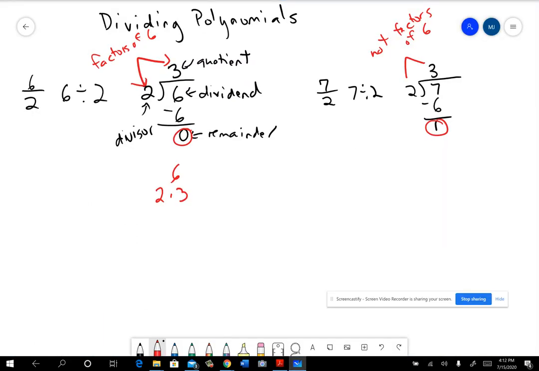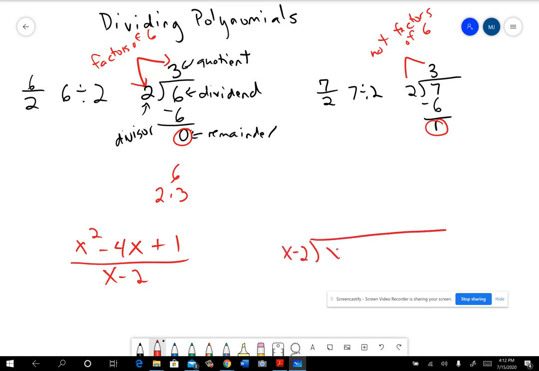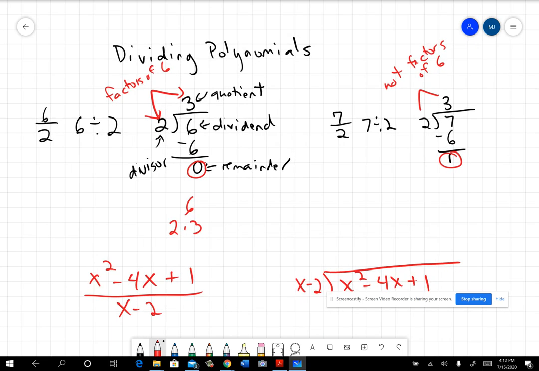So say you're trying to divide x squared minus 4x plus 1, and you want to divide that by x minus 2 or something, okay? Well, the long division way that we learned in Math 100 would have us take x minus 2 and write it like this, and then we'd go through long division.